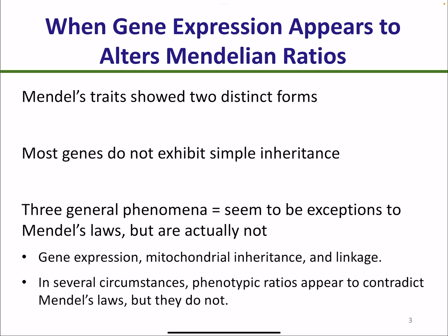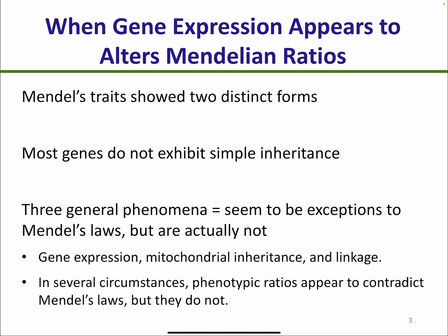So most genes do not exhibit simple inheritance, a clear cut of dominance and recessiveness. No. We are going to see that in most cases, there are three general phenomena that seem to be exceptions to Mendel's law. But in reality, they are not exceptions.